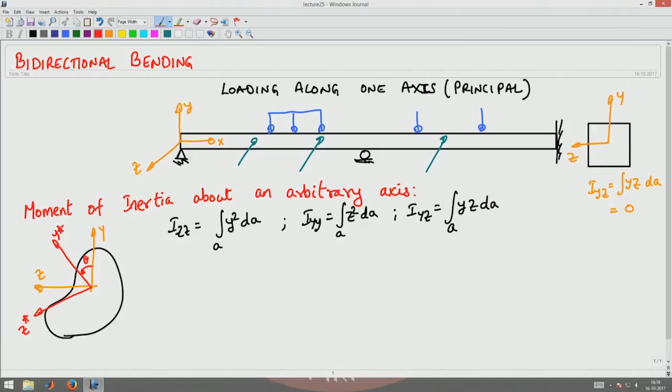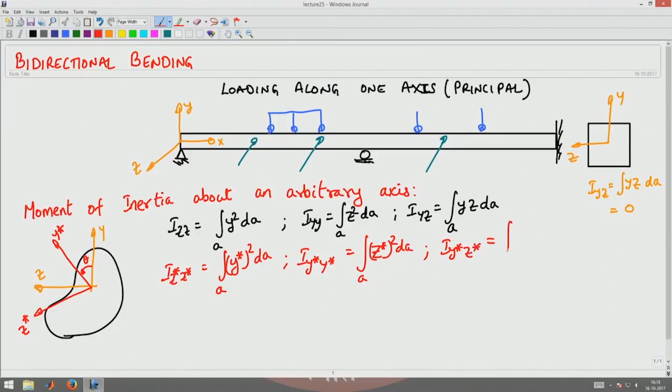Now I z star would be integral y star square dA, over the same area of cross section, and I y star would be integral z star square dA, and I y star z star is going to be integral y star z star dA, over the area of the cross section.